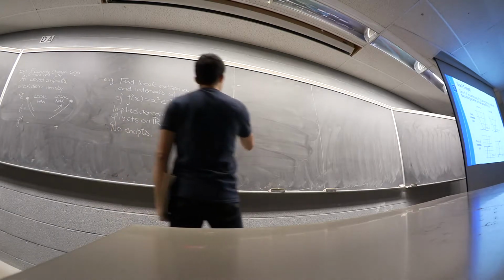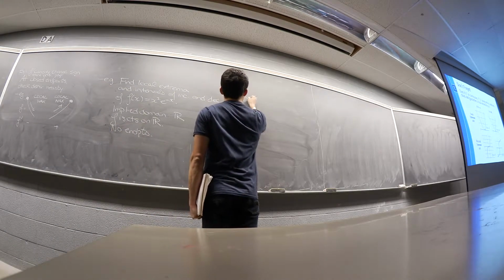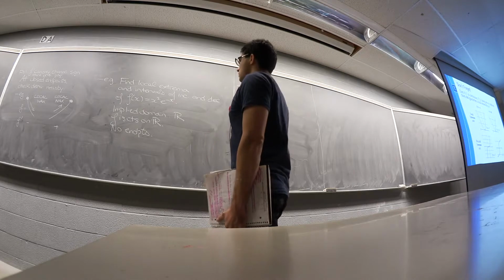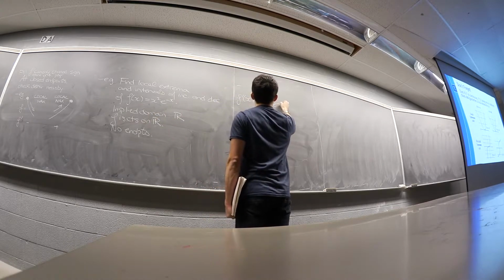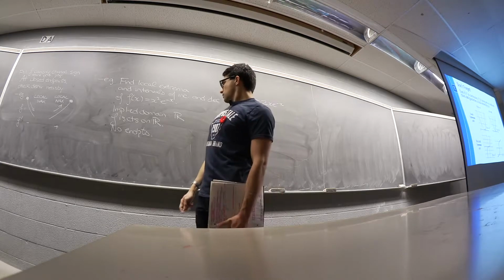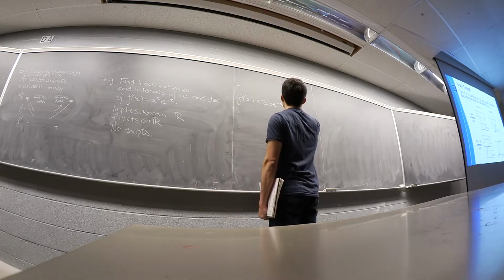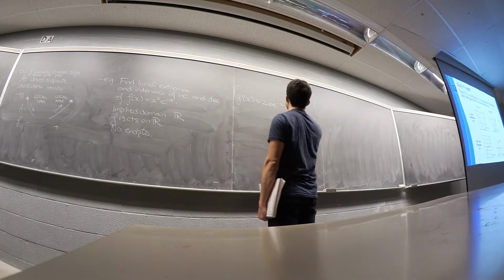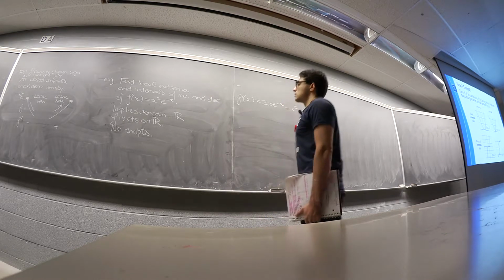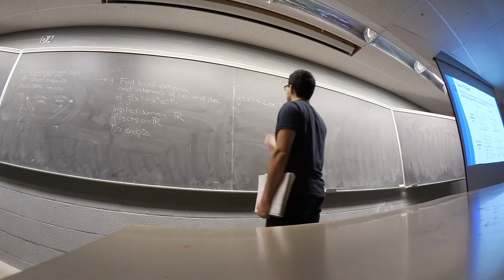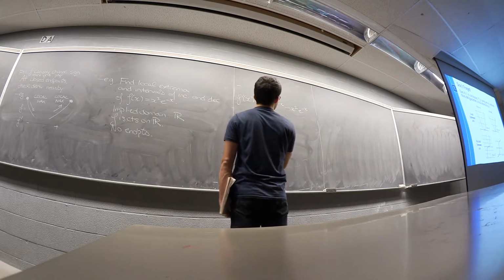Excellent. Okay, so we need the first derivative. Derivative of the first times the second, plus the first times the derivative of the second. And we make this look nice by factoring.